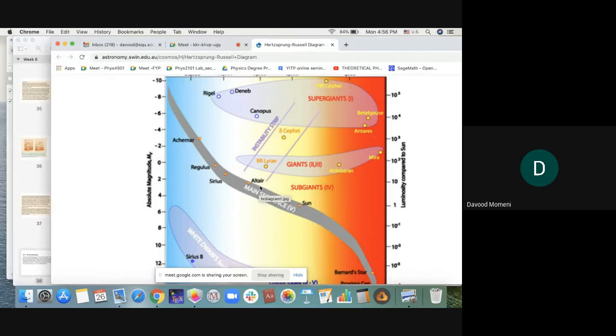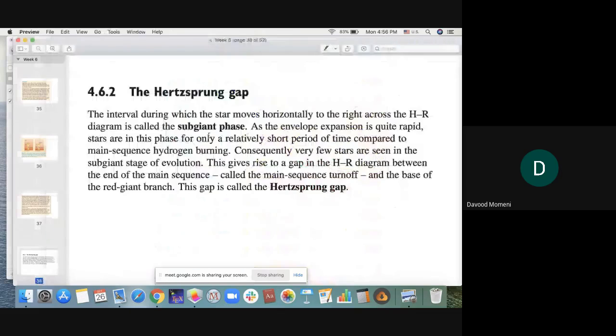So first they have to pass this step and be in the subgiant region, or the group of the star, which we'll call group of 4. If you remember Physics 3901, Mysteries of the Universe, this is called a subgiant phase. This is intermediate. As the envelope expansion is quite rapid, stars are in this phase for very short periods.